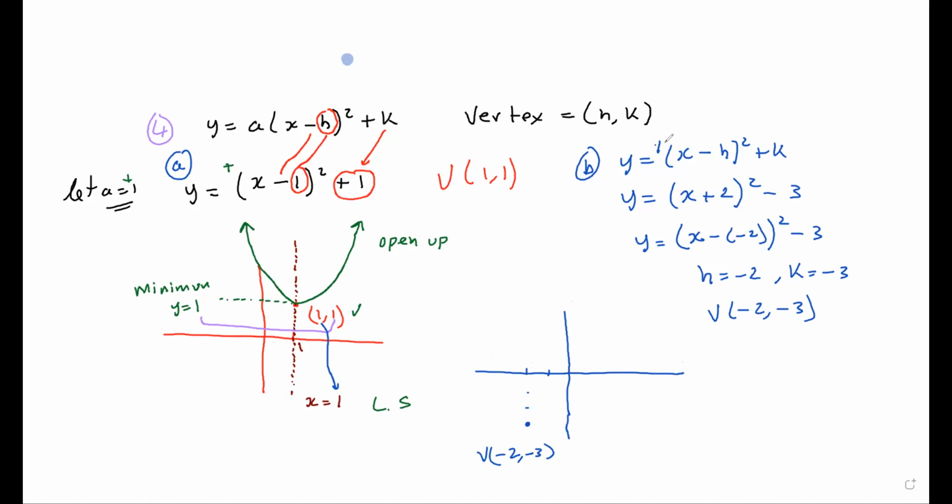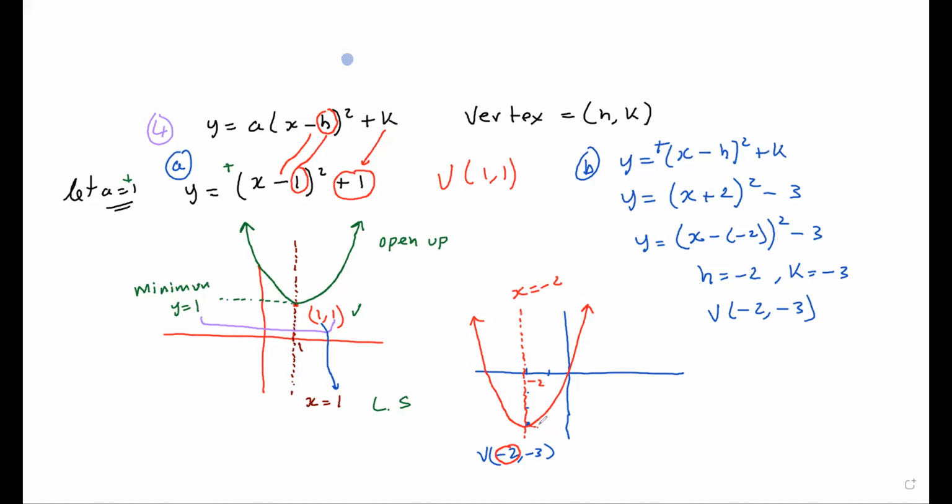A is positive, so you're going to open upwards. We can make a different color. Like that. Your line of symmetry will go down through here. So that's x equals minus 2, that number there. That's your line of symmetry.